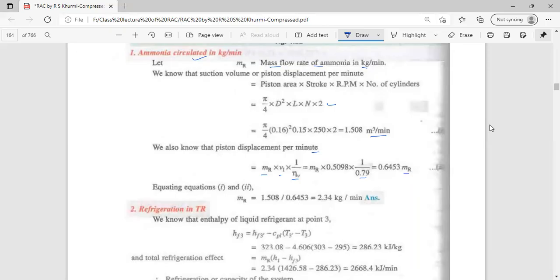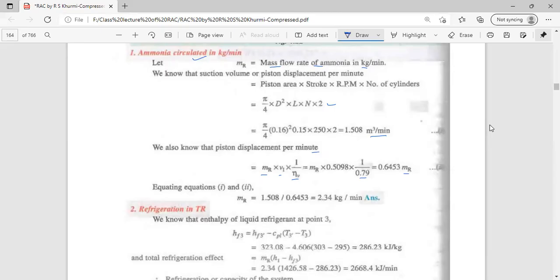The volume supplied by the piston per minute is given by this equation, and piston displacement per minute is supposed to be equal, because the piston displacement is the amount of volume that any compressor has the ability to supply. Thus, if we equate them, we get 1.508 divided by 0.6453, which is 2.34 kg per minute.